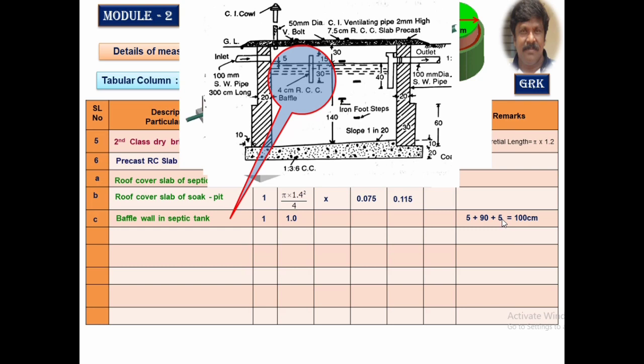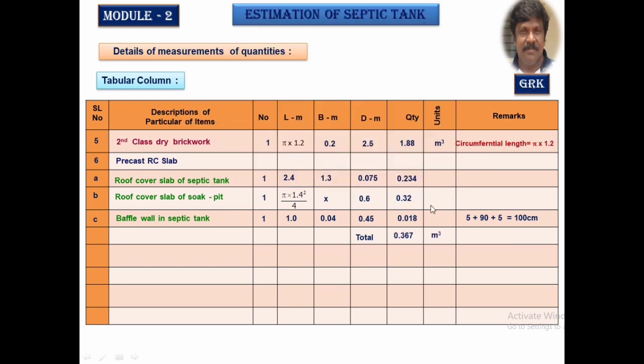Totally it is 100 centimeter, 1 meter in length. And this has a thickness of 4 centimeter. Convert that into meters. The depth of this section is 15 centimeter plus 30 centimeter, is 0.45, 45 centimeter. Get the total quantity of the precast RCC slab, the summation of these three.